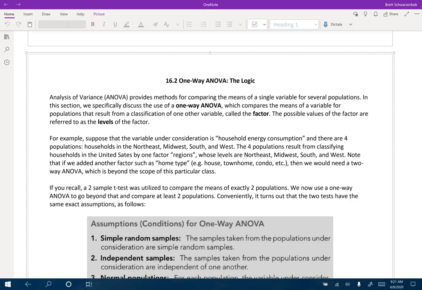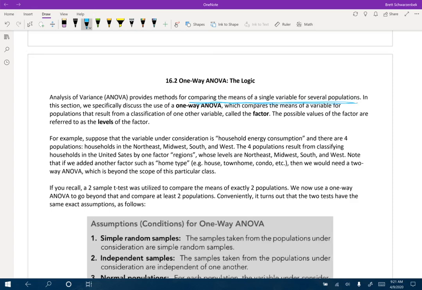Basically in ANOVA, as we spoke of earlier in the lesson, you're going to be comparing means of a single variable for several populations. So instead of just 2 populations compared to one another, you're going to be doing more than 2, 3, 4, 5, whatever it is. Could be 50. But you're going to be comparing the means for several populations.